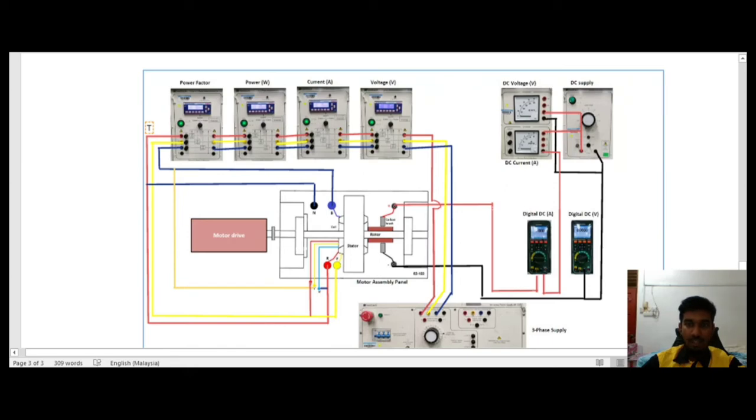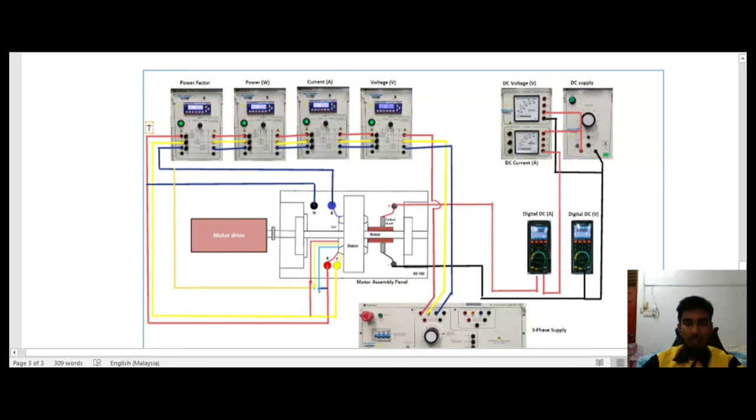Then it is lastly connected to the positive terminal of the motor part, which is the rotor carbon brush. We can see from here the voltmeters, both analog and digital, are connected in parallel, and the DC ammeters, both digital and analog, are connected in series.